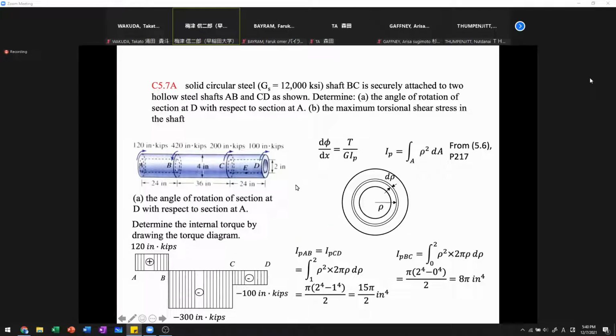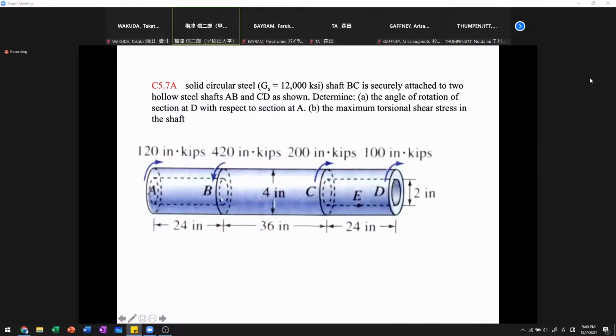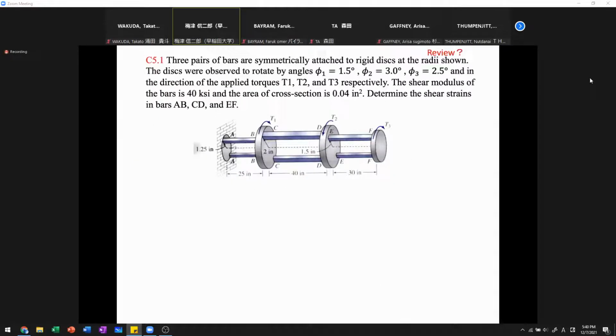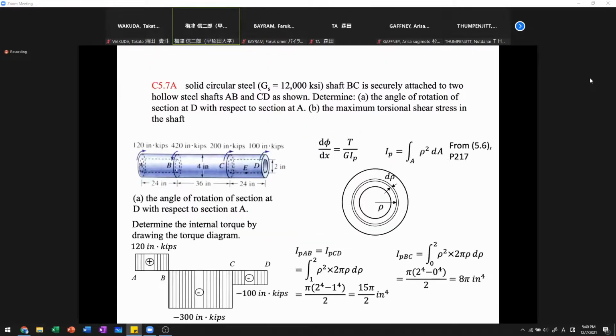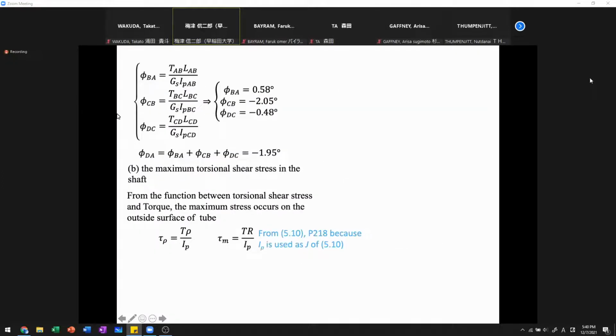This is the basic equation, and this is the integrated one, the φ equation, not dφ. And this is very easy for us to calculate the φ.